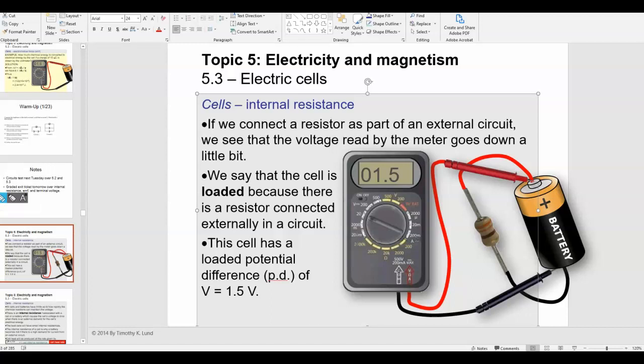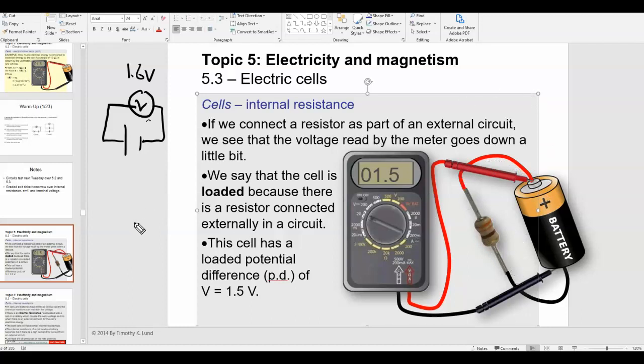Let me just draw the circuit diagram for what you're seeing here. Originally, what we had a slide ago was a cell, and it was in parallel with a voltmeter reading 1.6 volts. What we're now seeing over here to the right is that it's connected through a wire to a resistor.